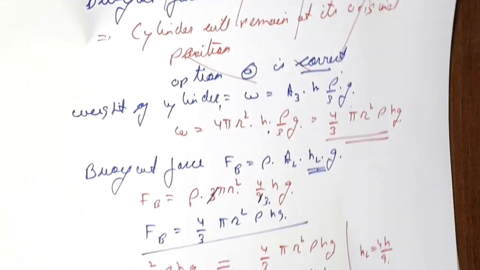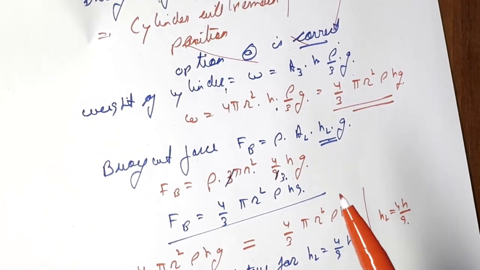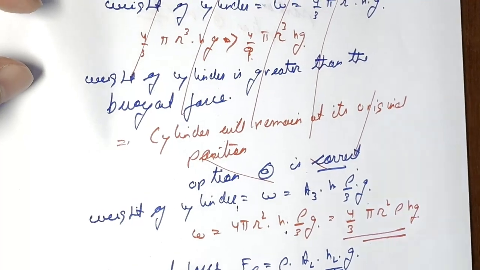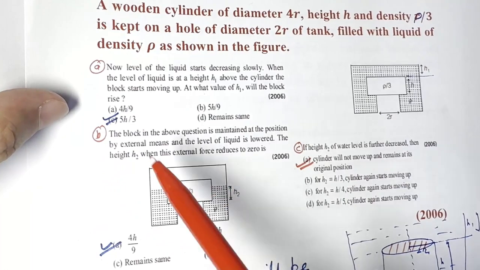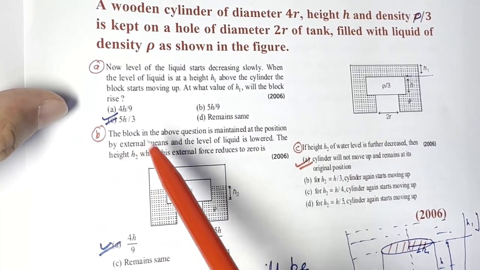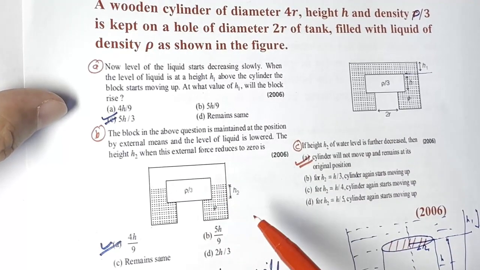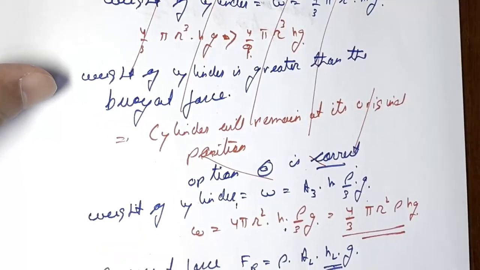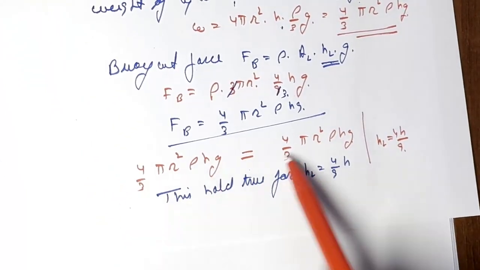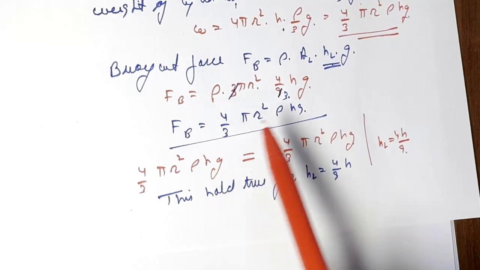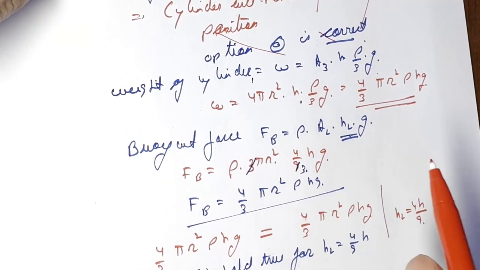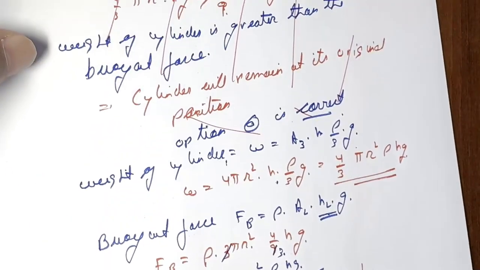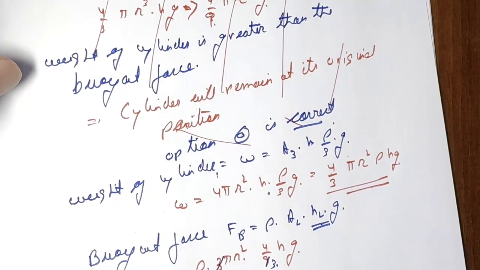And in this equation, you can also see that I have not used the atmospheric pressure, because for the solution of part A and part B, we clearly concluded that ultimately the atmospheric pressure is going to cancel out. Okay. So that's why we have not used the atmospheric pressure in this equation. We only considered the buoyant force and the weight of the cylinder, because we have seen that the atmospheric pressure always cancels out.